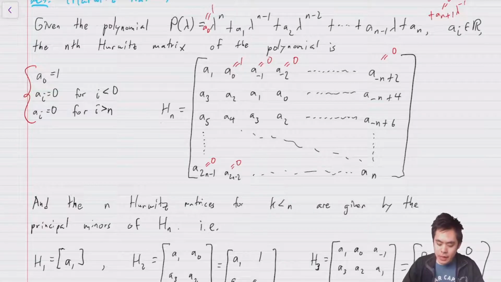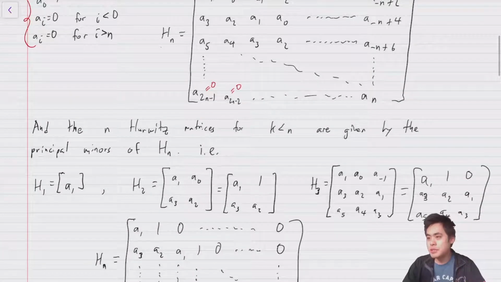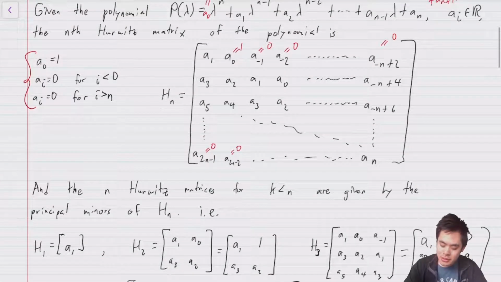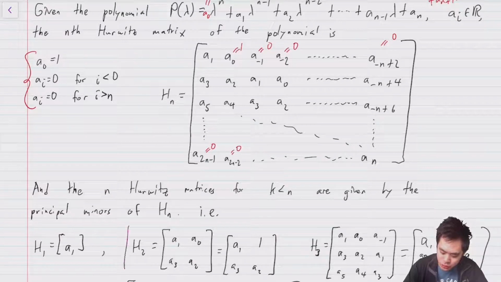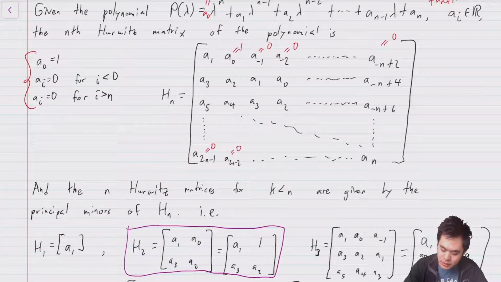Okay. And the Hurwitz matrices are then, so that's Hn, and then for H1 and H2, those are just the principal minors. So this H1 here is just this here. This H2 is just this here.